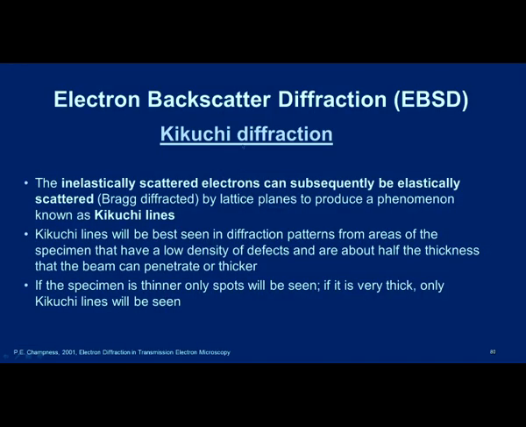So, this electron backscatter diffraction, EBSD, is also called Kikuchi diffraction. The inelastically scattered electrons can subsequently be elastically scattered, that is Bragg diffracted by the lattice planes, to produce a phenomenon known as Kikuchi lines.